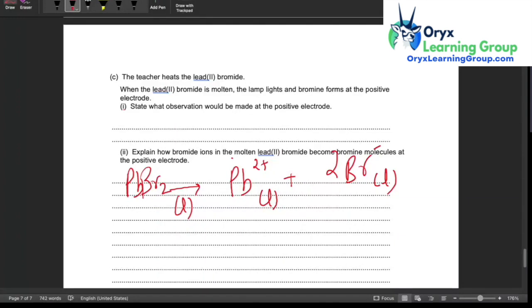Okay, so my question is, when we pass electricity through PbBr2, this reaction happens, right? Now, Pb2+ will go to which electrode and Br- will go to which electrode? So the bromide ions are negative, so they will go to the positive electrode. Yeah, that's right. And at the electrode, bromide ions lose one electron, and the two bromine atoms bond together by sharing.